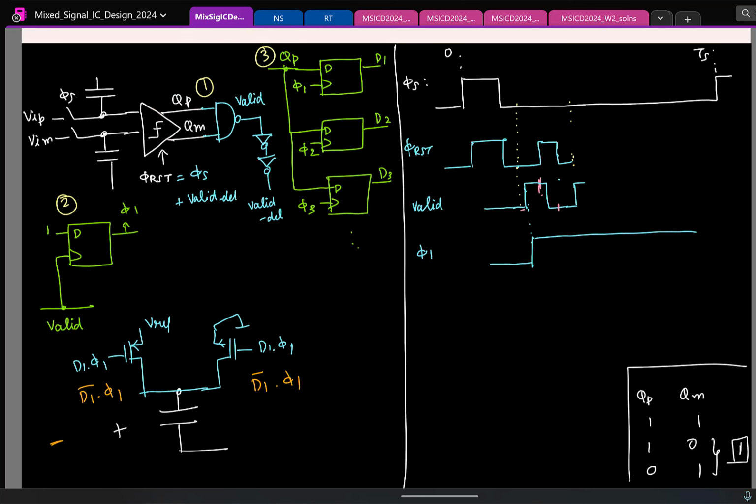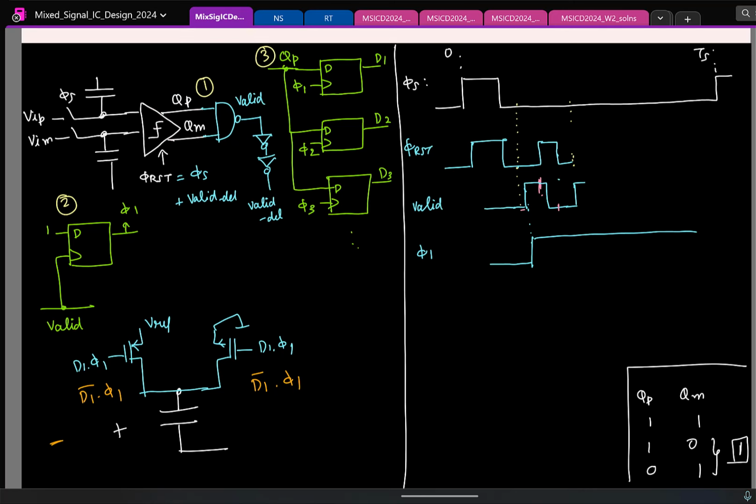Oops. Just give me a second, make some more space. So this will be 5. Fine. So 5 will go high after the first comparison is done, correct? And after the first comparison is done, when valid goes high, it marks that the second comparison is done.